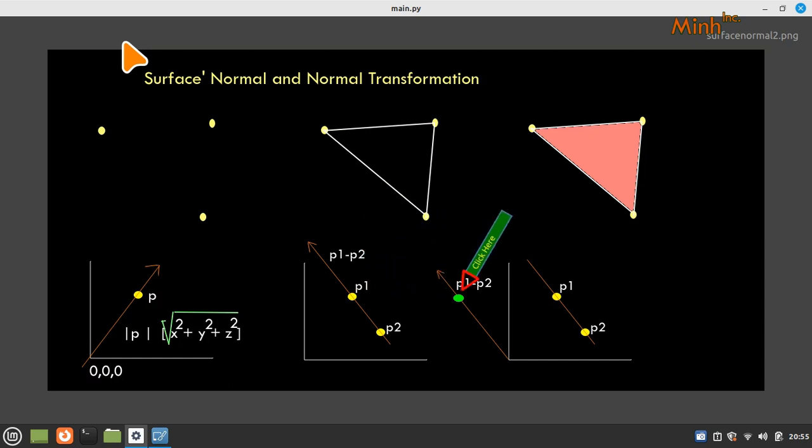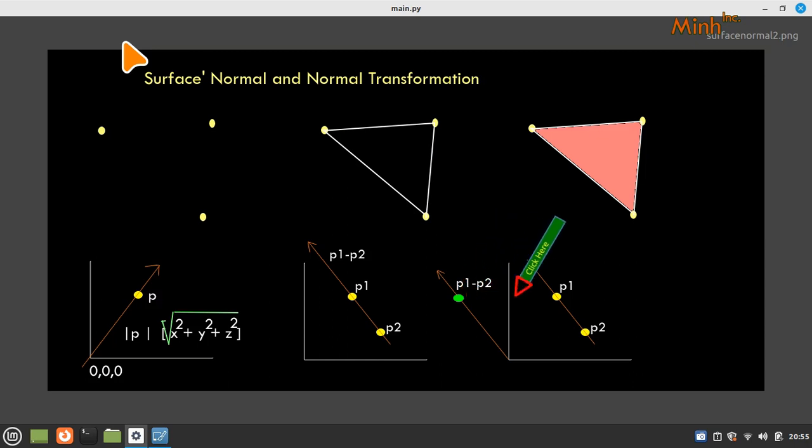If P1 is x1, y1, z1 and P2 is x2, y2, z2, this leads to x1 minus x2, y1 minus y2, z1 minus z2. So there will be a net x, y, z.